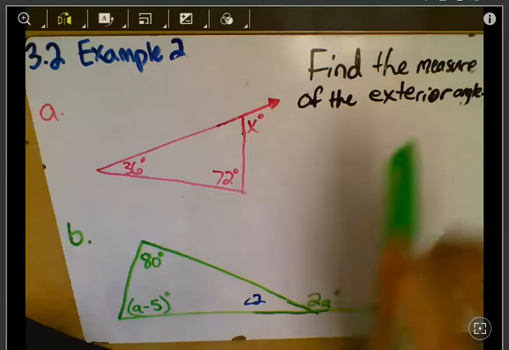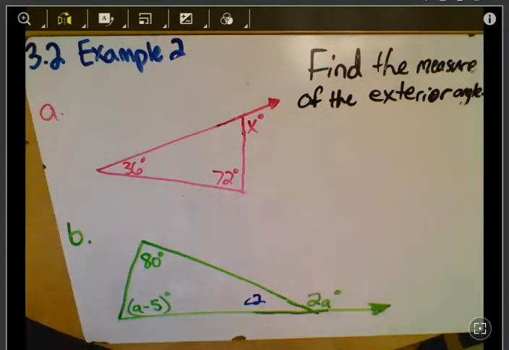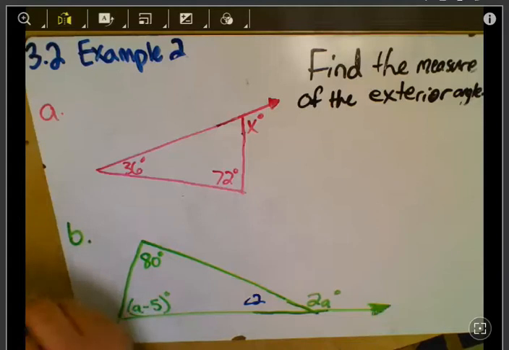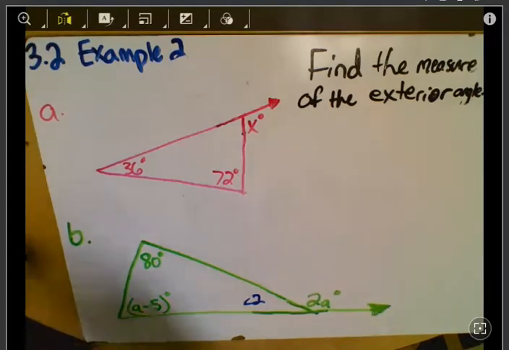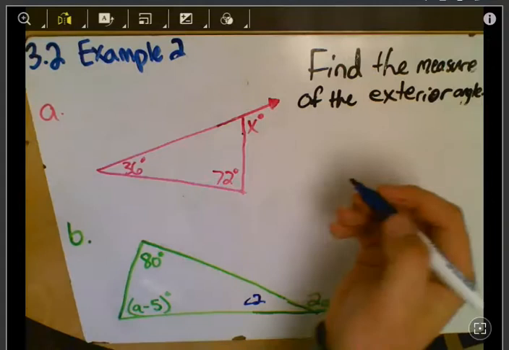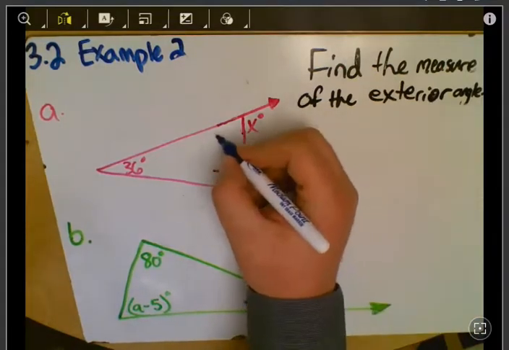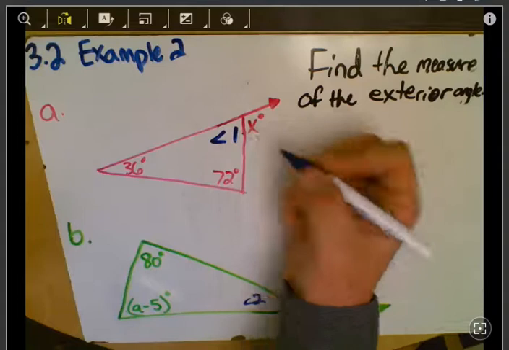Let's start off with a up here. All right. So we know from our definition of the sum of interior angles of a triangle, these angles add up to give you 180 degrees. So we should start off by figuring out what this angle measure is. Let's call this angle 1. Okay.